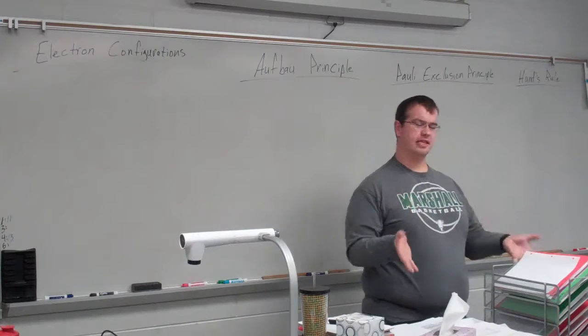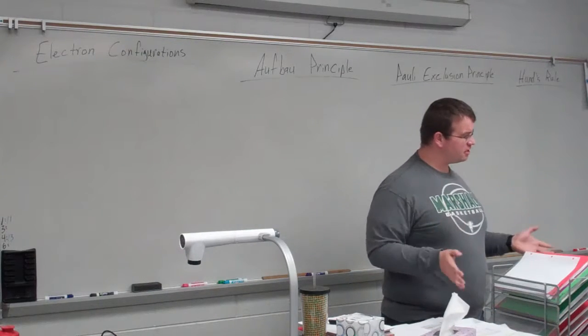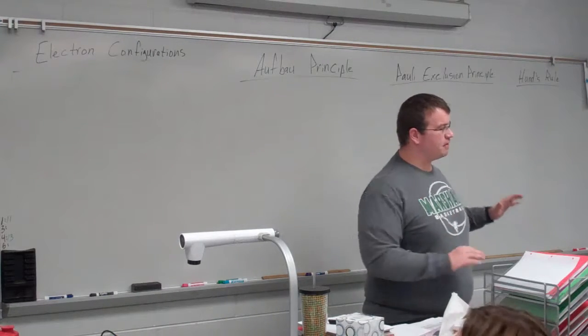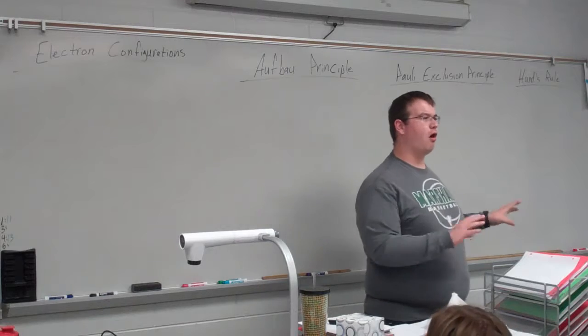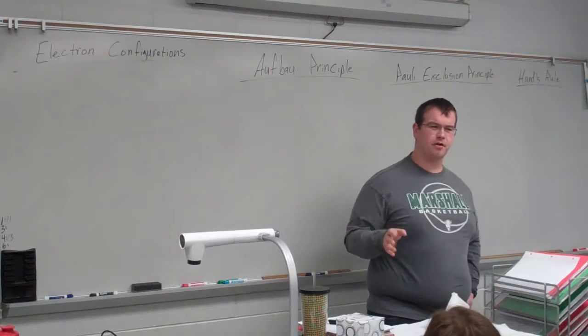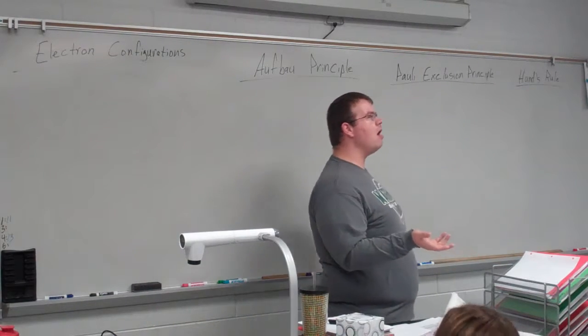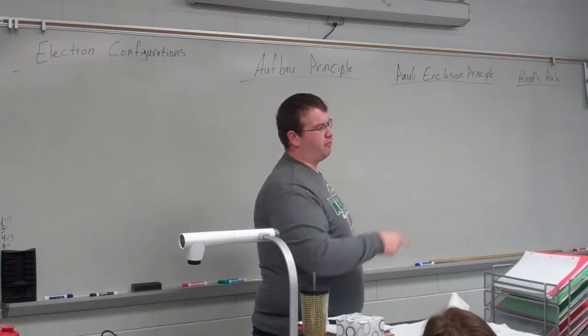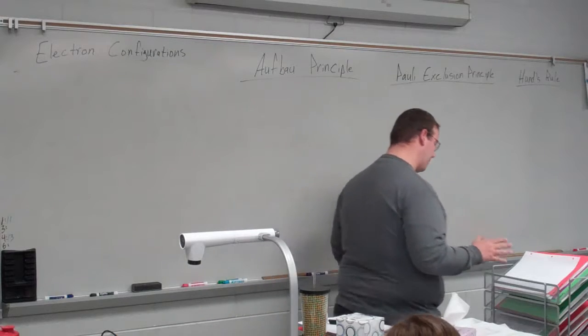You just have to accept it at this point. When we get to the quantum numbers, it makes it a lot simpler. I found in years past, if I do the configurations first, you are so curious about where these things are coming from. When we get to the quantum numbers, you're like, oh! That's what that number is. So it works a lot better.